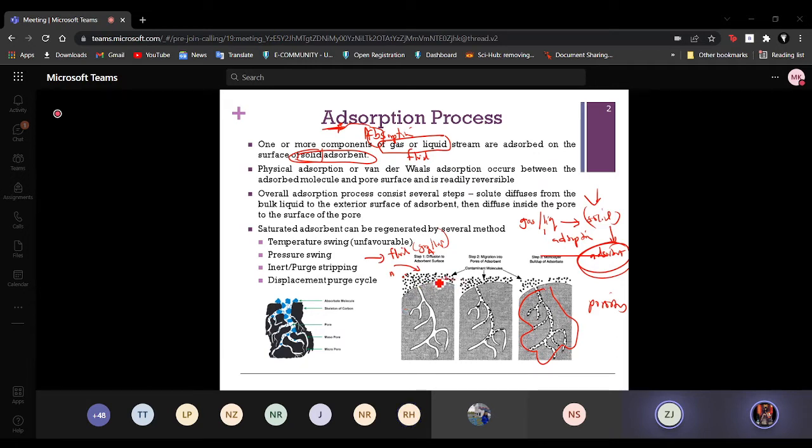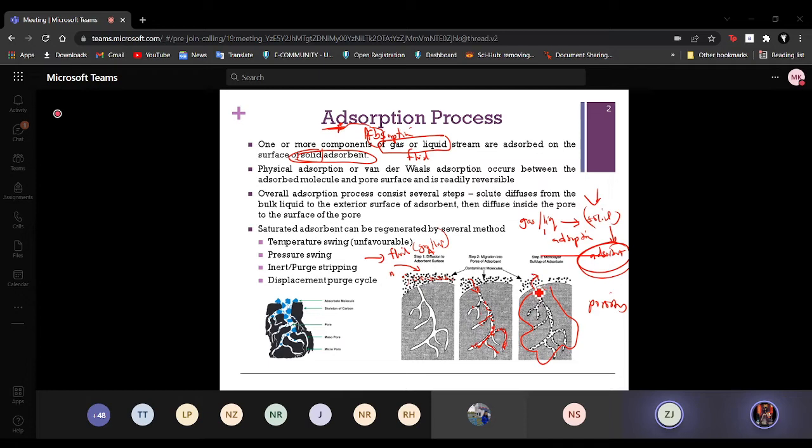Many are already on the solid surface. That component A will go through inside this pore, the porosity, and then they're going to get stuck there. They go inside, stay there, and lock inside that pore. So when they lock, they cannot go out.